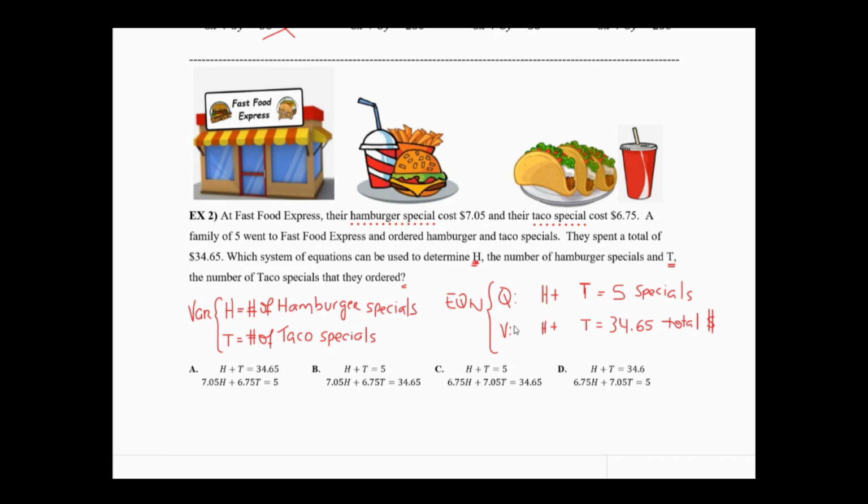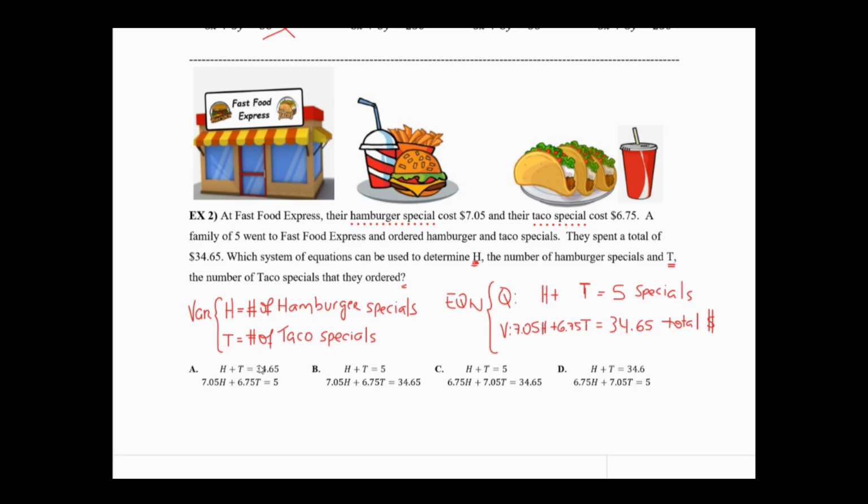Hamburger is worth $7.05. And our taco special is worth $6.75. So if you notice, hamburger specials plus taco specials equals 5 specials. The value of hamburger plus the value of taco specials equals $34.65. So dollar plus dollar equals dollar. All right, very good. So we have our 2 equations right there.